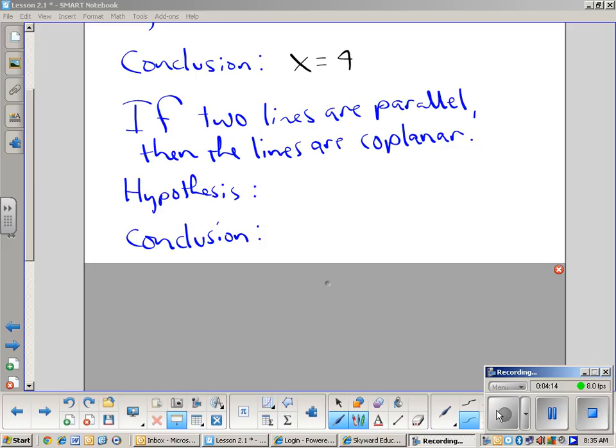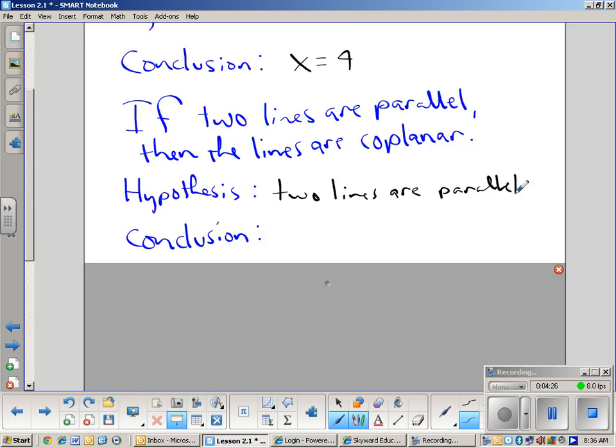Two lines are parallel. And what's our conclusion? The lines are coplanar.